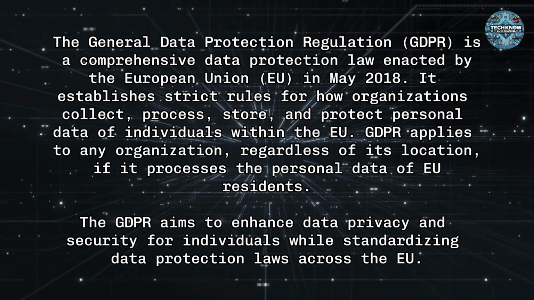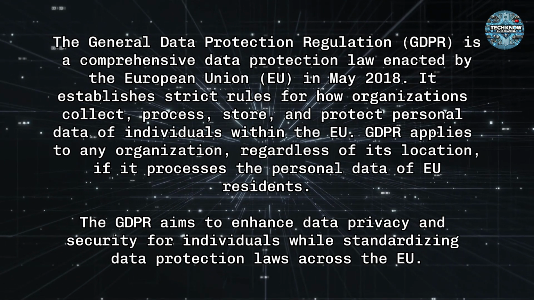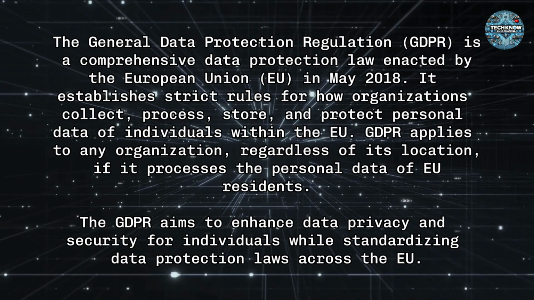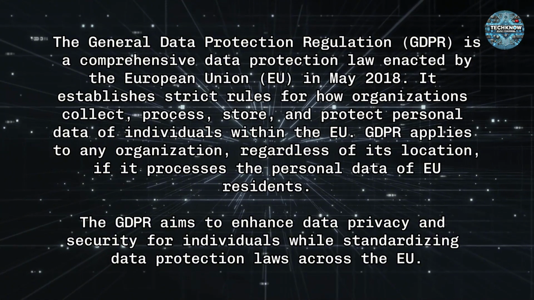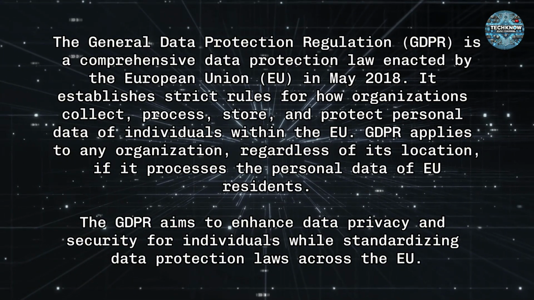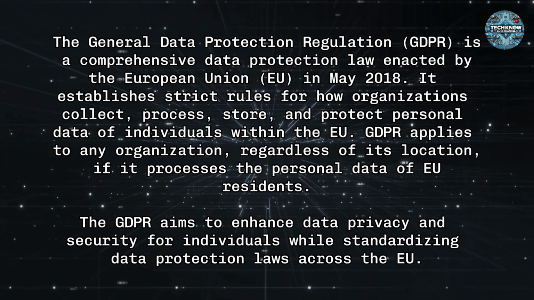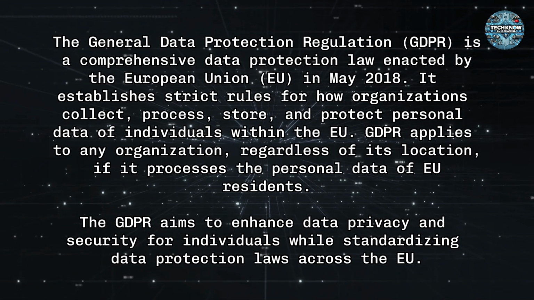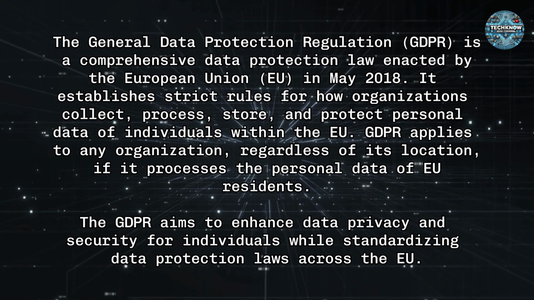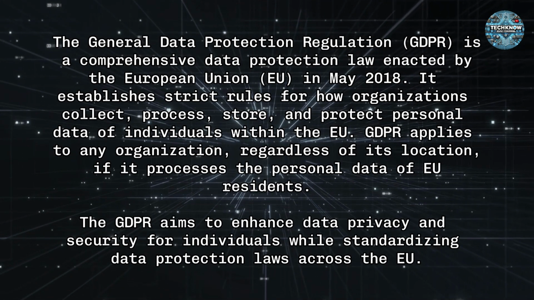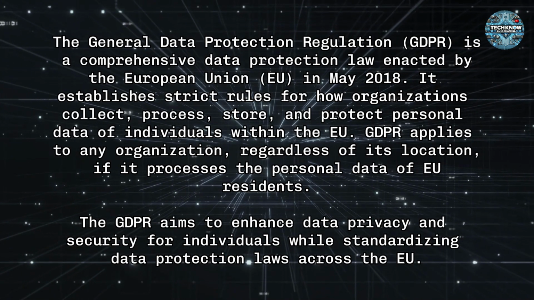It establishes strict rules for how organizations collect, process, store, and protect personal data of individuals within the EU. GDPR applies to any organization, regardless of its location, if it processes the personal data of EU residents. The GDPR aims to enhance data privacy and security for individuals while standardizing data protection laws across the EU.